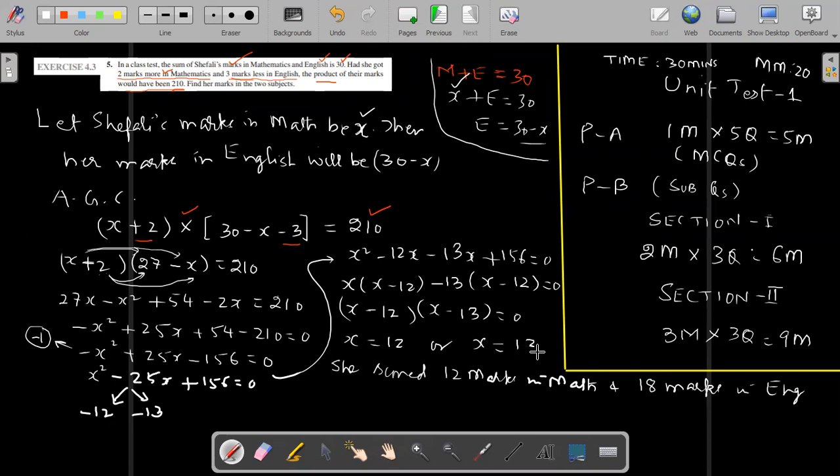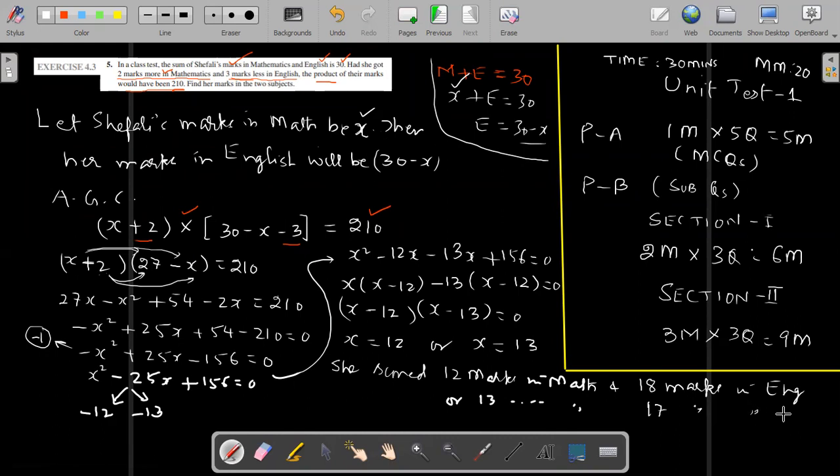Or if we take x is equal to 13, she scored 13 marks in mathematics and 13 marks, and then it will become 17, because 30 minus 13 will become 17 marks in English.